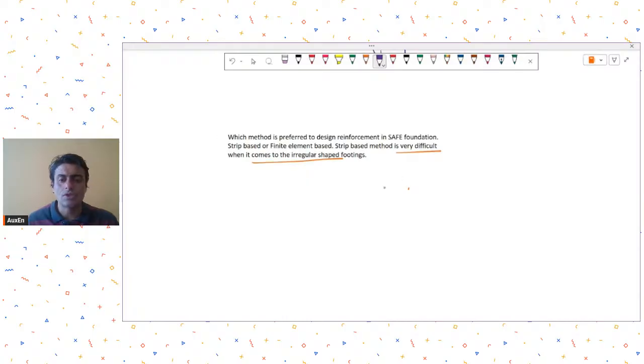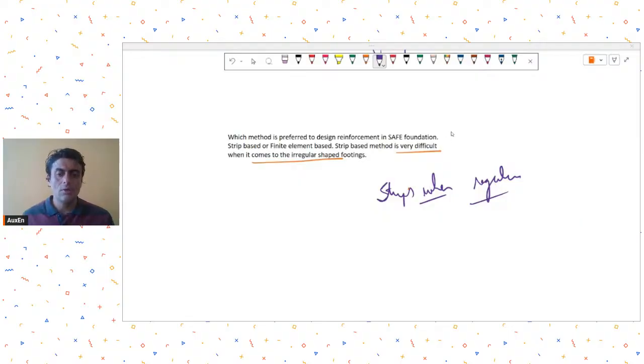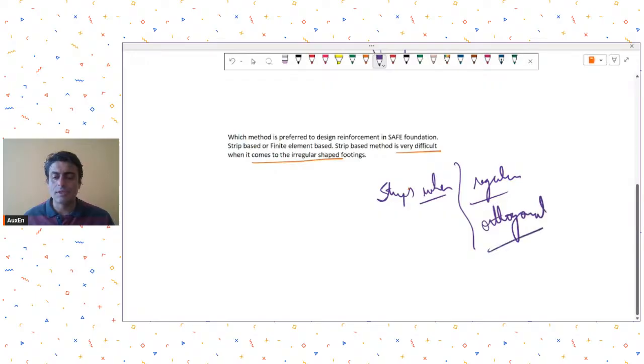Correct. Strips you can only make when you have got a regular column grid, when the columns are in proper line, or orthogonally placed. Only then are strips easier to make, meaning only then will they give you meaningful outputs.